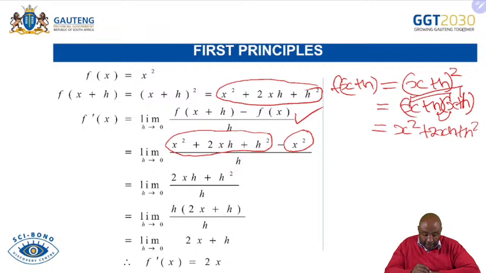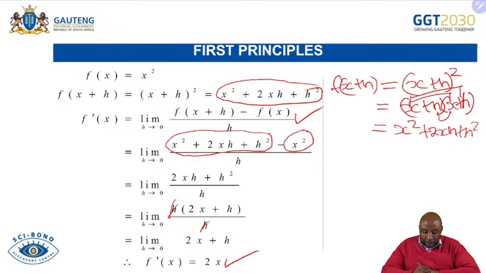I'm able to see that there is a common term there, h. So h and h are going to give us 1. That h and that h give us 1. And then we are left with our function as 2x plus h. And then we evaluate our limit and get our derivative as 2x.